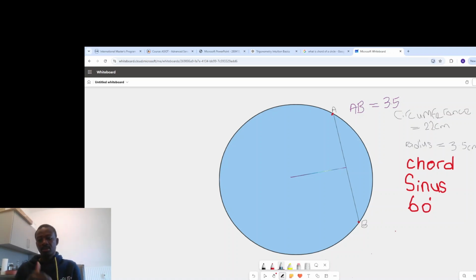So this divides the chord into two, so we have what we call half chord.